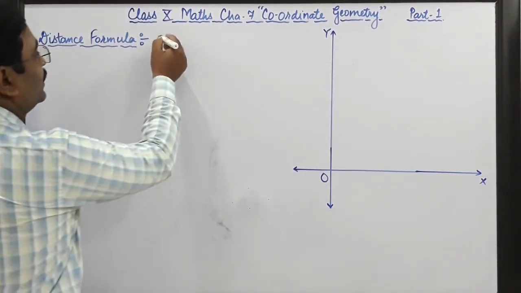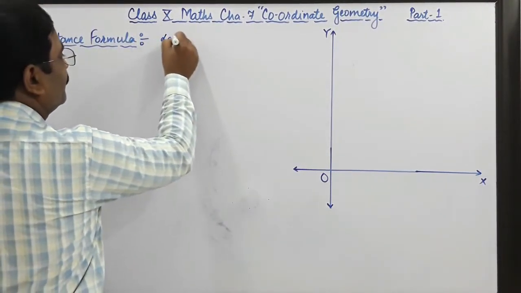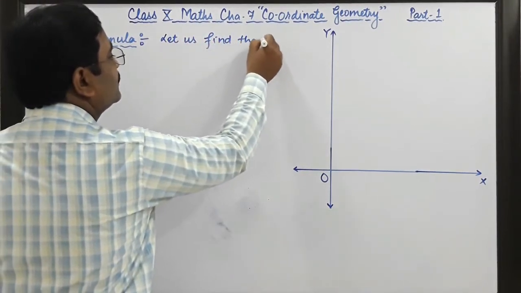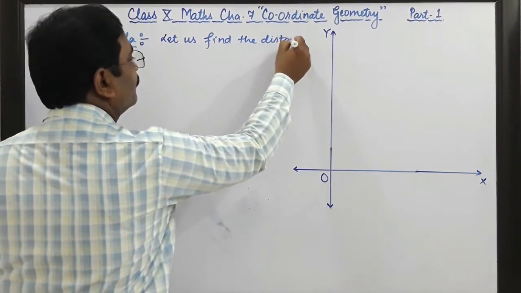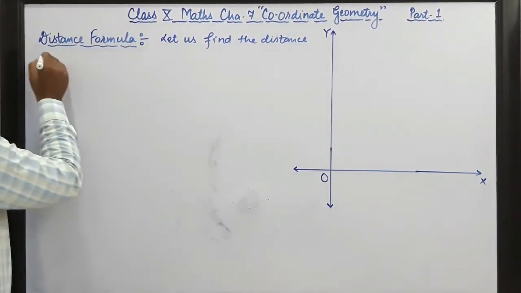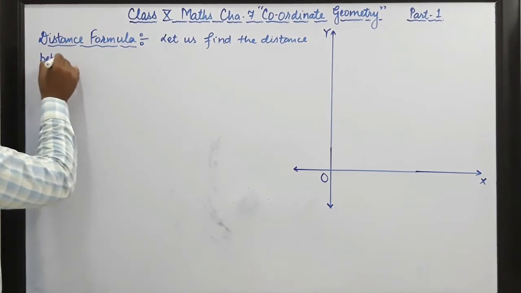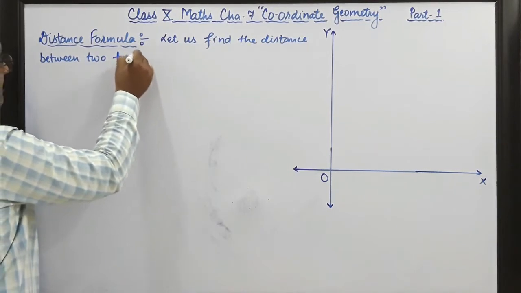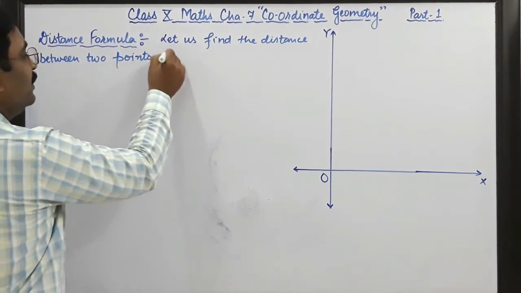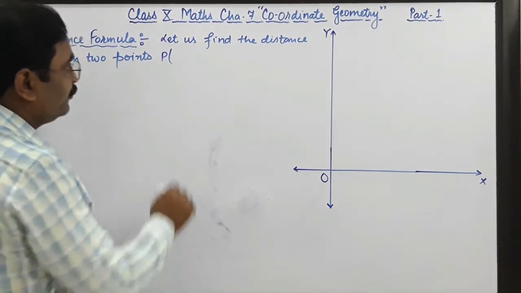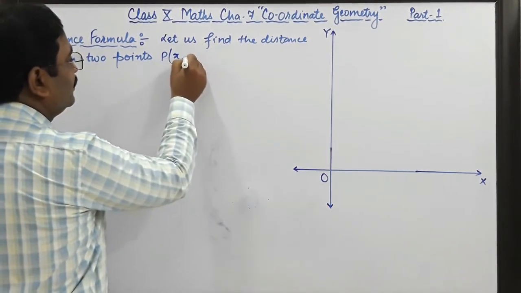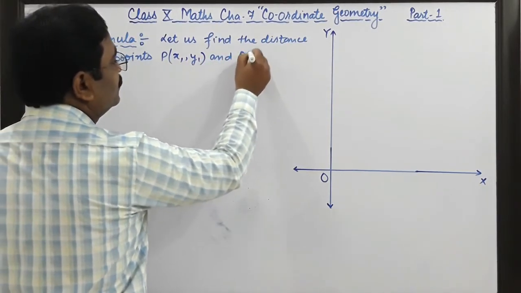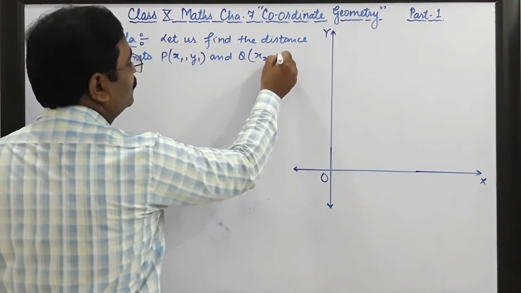So let us find the distance between 2 points P, and the coordinate of point P is x1, y1, and the second point is Q, whose coordinate is x2, y2.